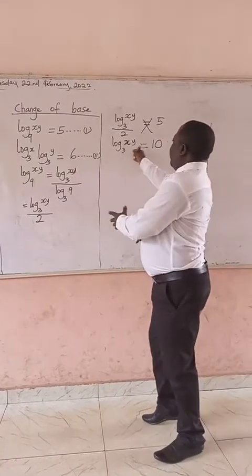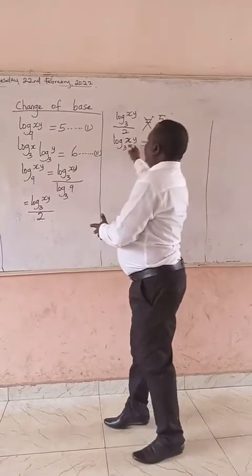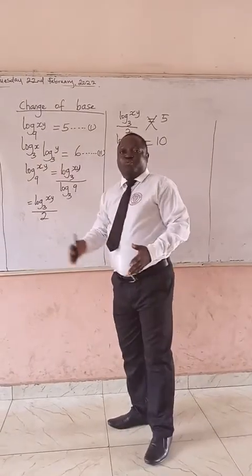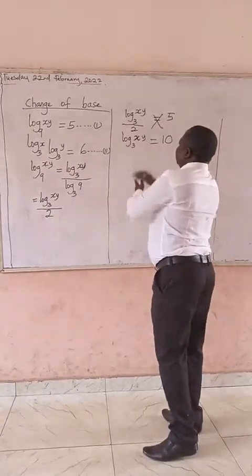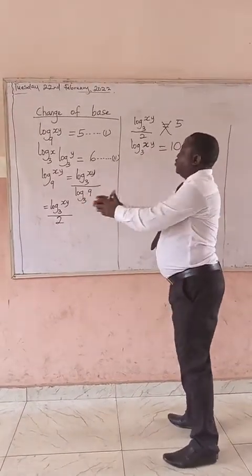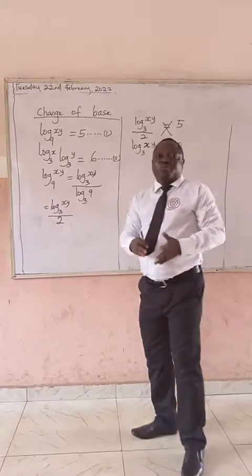But before I substitute logarithm of xy in base 3 into equation 2, I have to split it into 2 so that x will be on its own and y will be on its own.